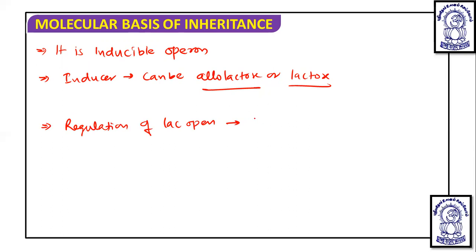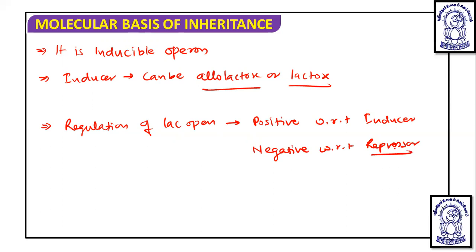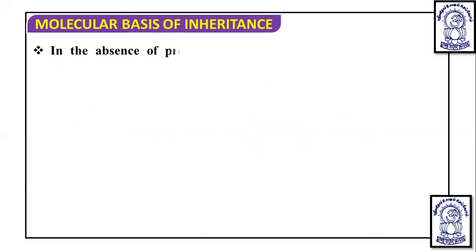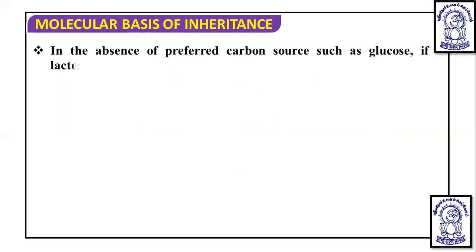Regulation of lac operon is positive with respect to inducer because it makes it switch on, and negative with respect to repressor because it makes it switch off. So it is under positive as well as negative regulation. Okay, so this is all about the lac operon.